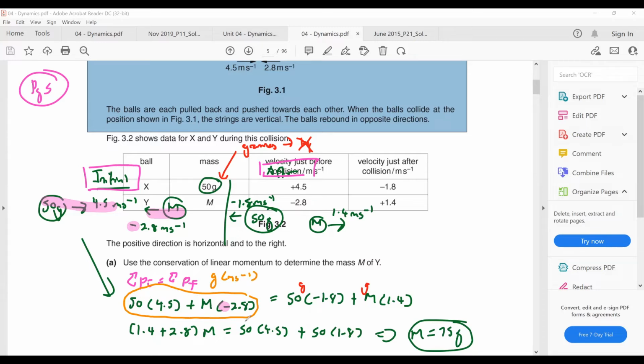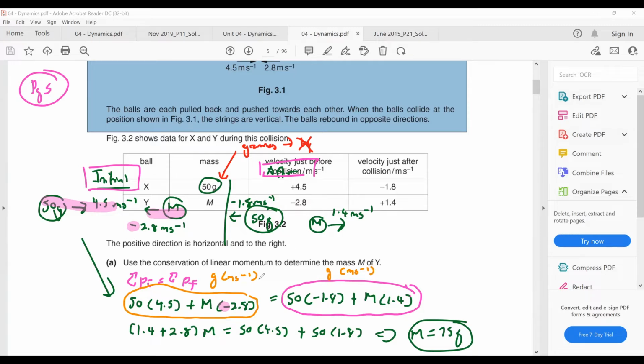Grams meter per second plus gram meter per second will still give me grams meter per second, right? Then the same goes with this one here. I recognize that whatever is on this side will also just be grams meter per second.